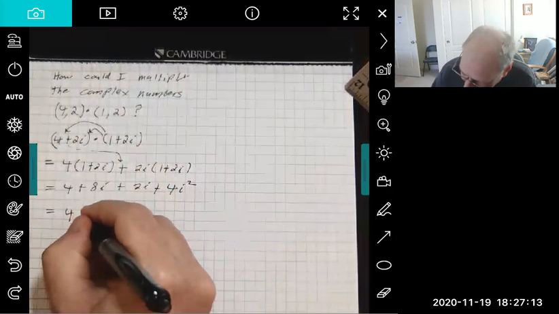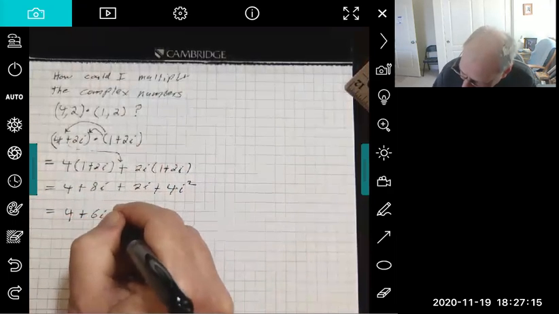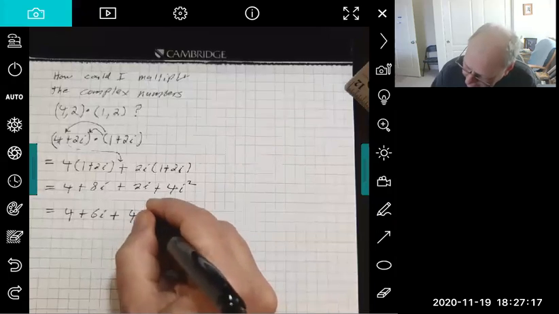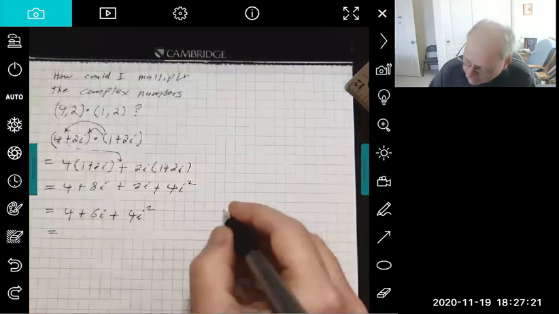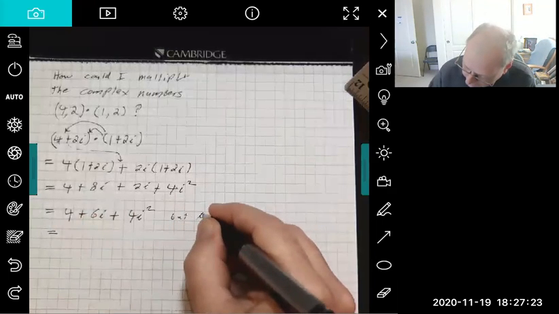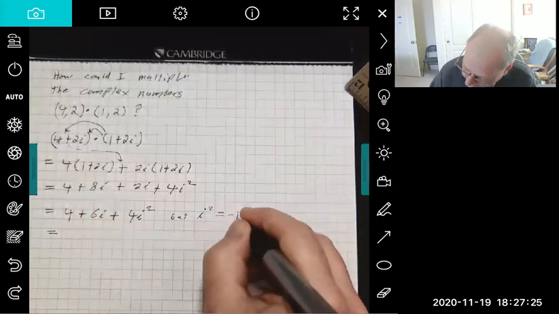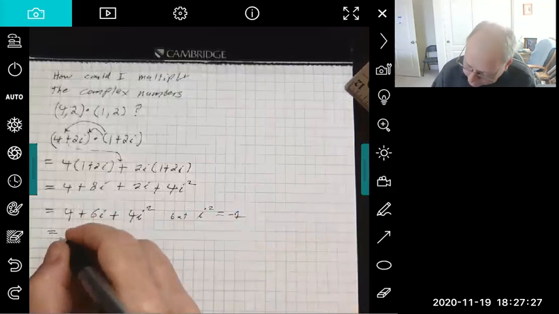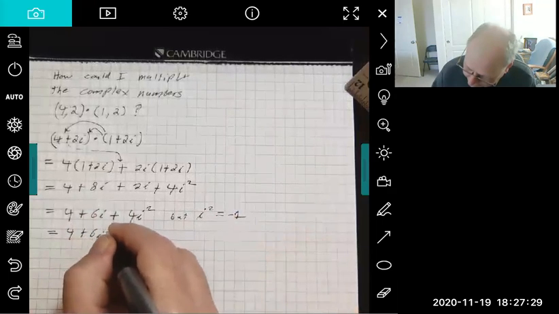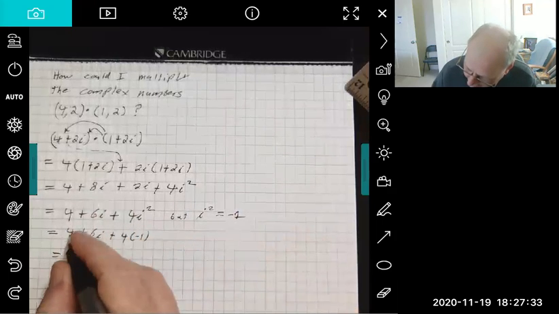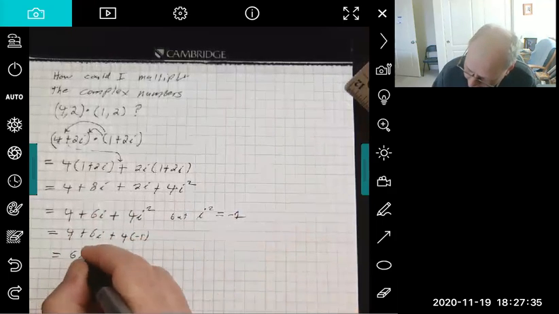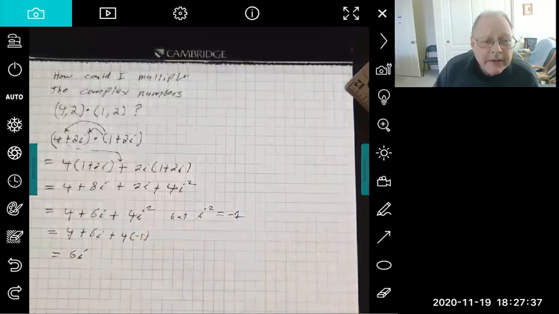So I get 4 plus 6i plus 4i squared. But i squared is -1. So I got 4 and a -4 that went away, and all that's left at the end is 6i.